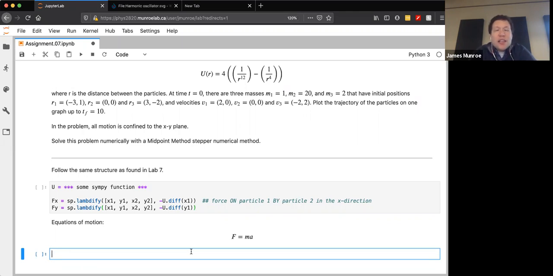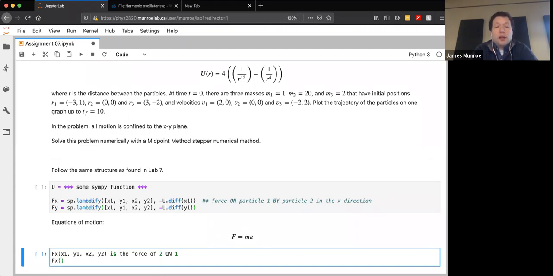Because the potential is between any pair of particles. Okay? Given two particles, the force between the two of them is given. So Fx evaluated, okay, is the force of x of 2 on 1.